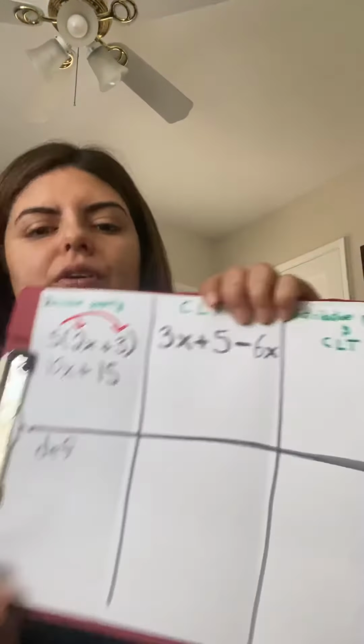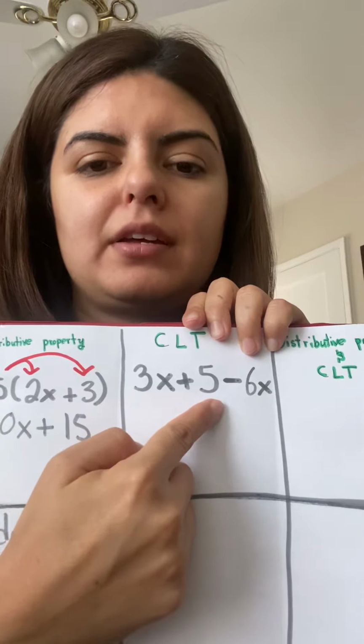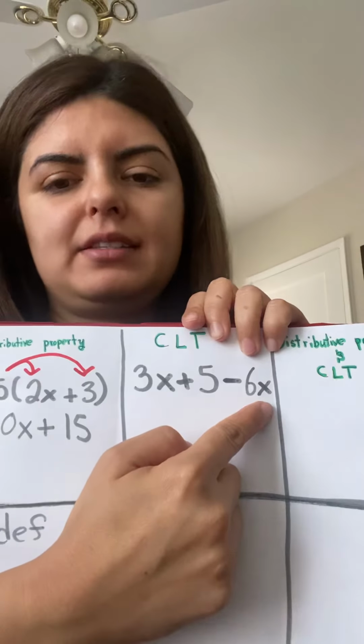So we're gonna have 3x plus 5 minus 6x. Okay, so we have 3x plus 5 minus 6x.